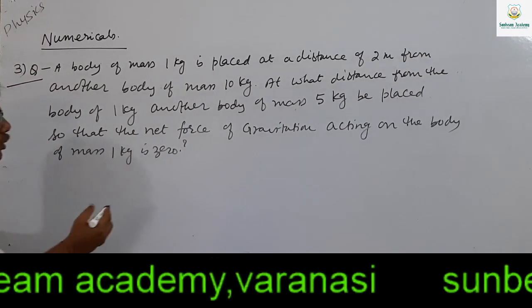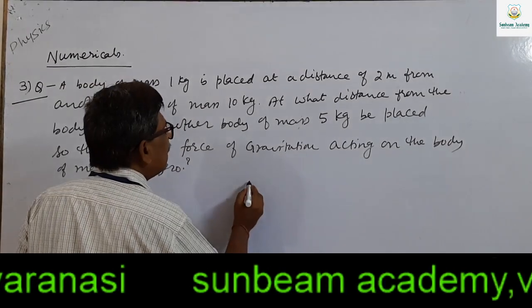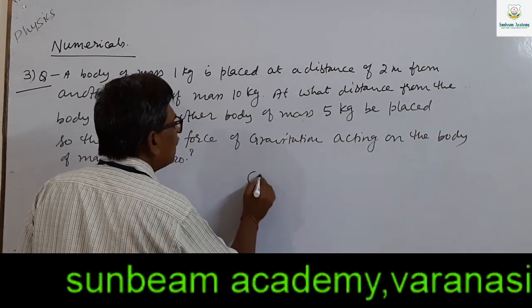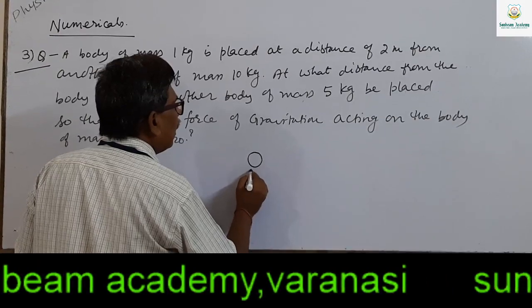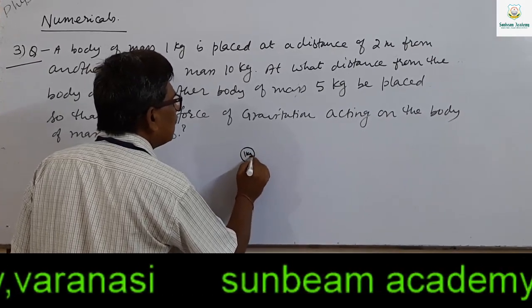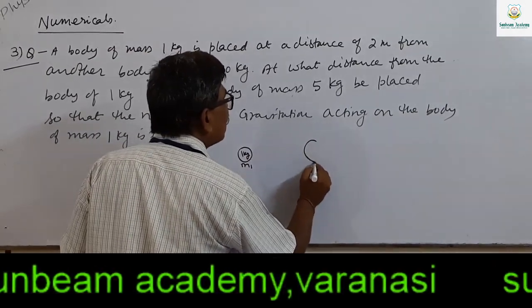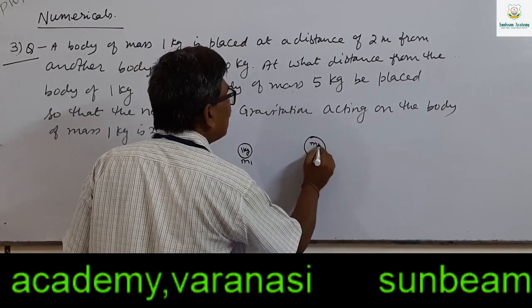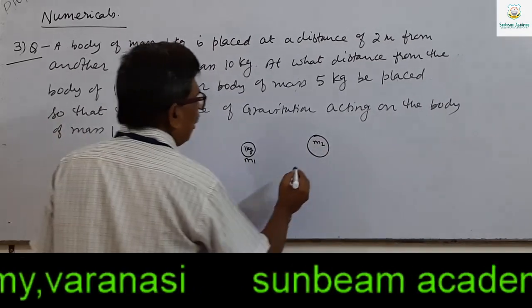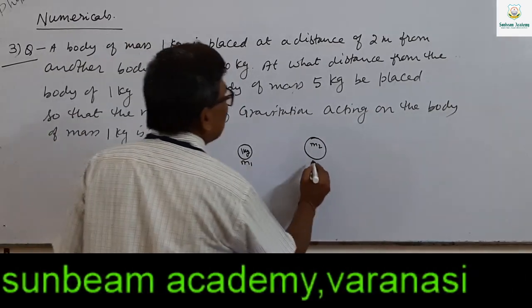Means first you draw the diagram of this. Suppose this is M1 of mass 1 kg. Another object M2 of mass 10 kg.